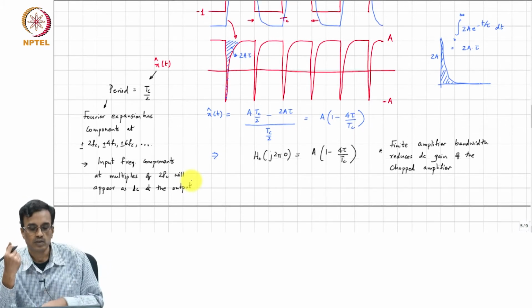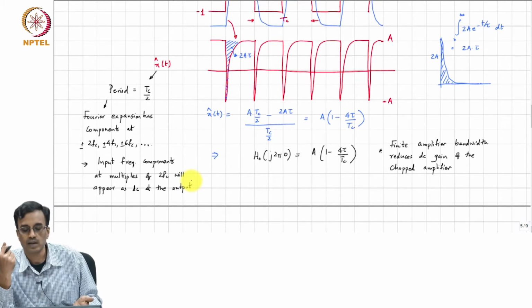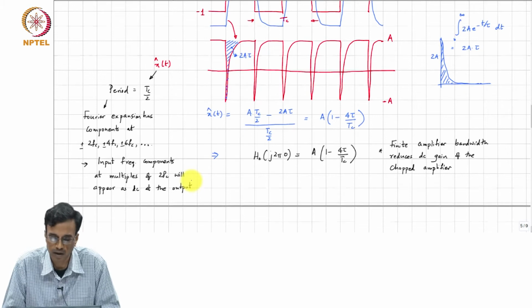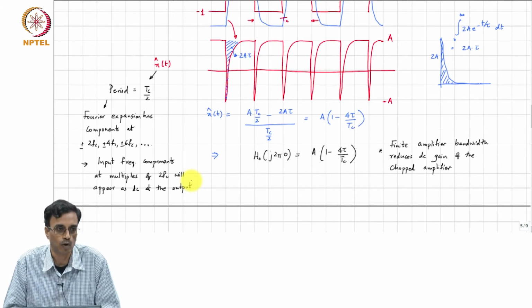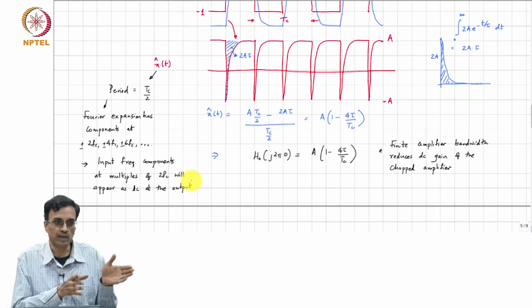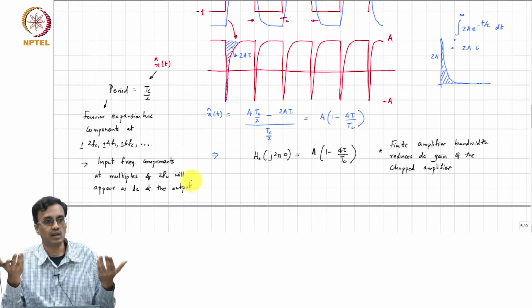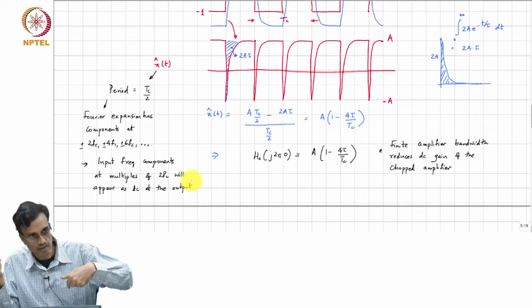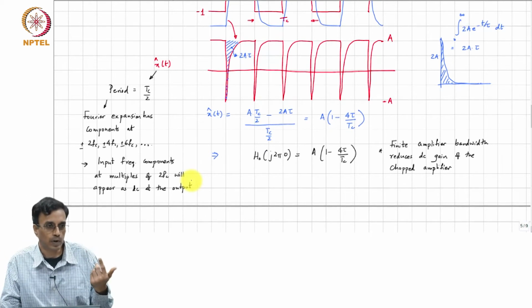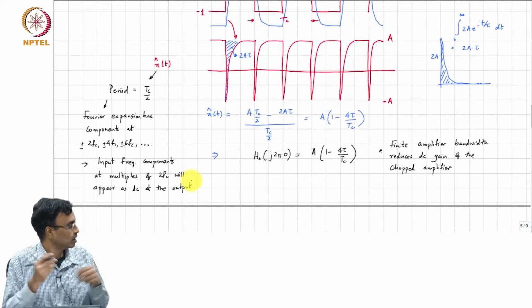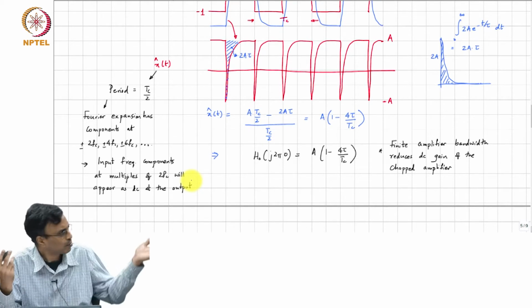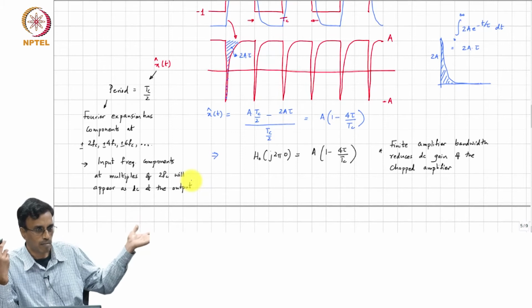So, we know that input components at multiples of 2Fc will fold or get translated to DC. Now, a question to ask is, what is the gain from an input at 2Fc to output at DC? So, how do you think we can find that out? By doing a Fourier expansion of this periodic waveform, right.